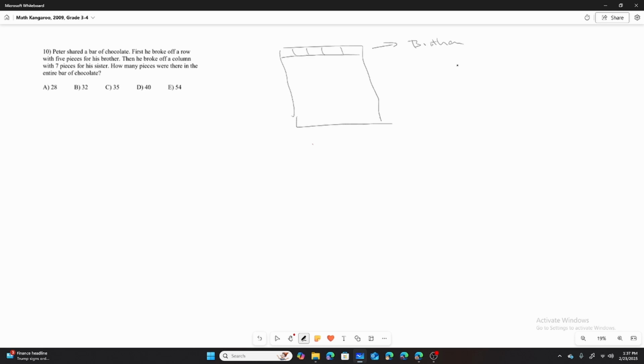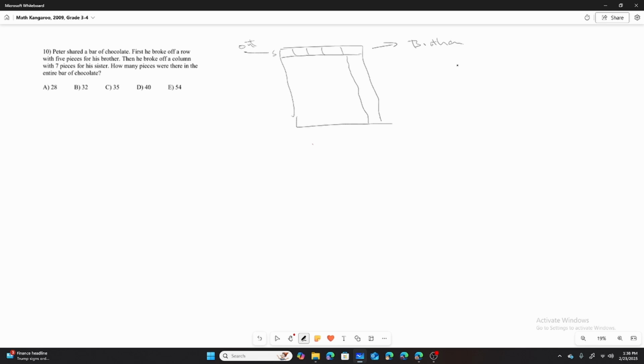Then he broke off a column with 7 pieces for his sister. So imagine that this piece is out. Imagine this is our column. He broke off this column for his sister.